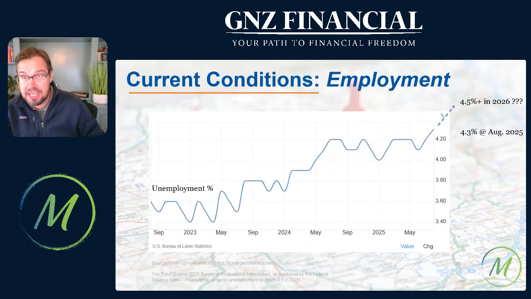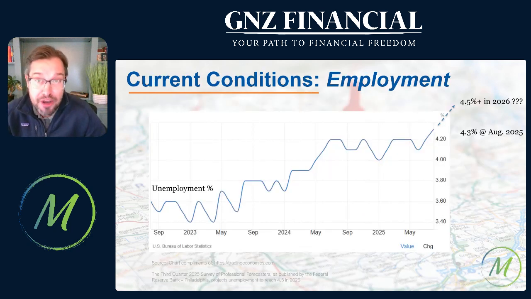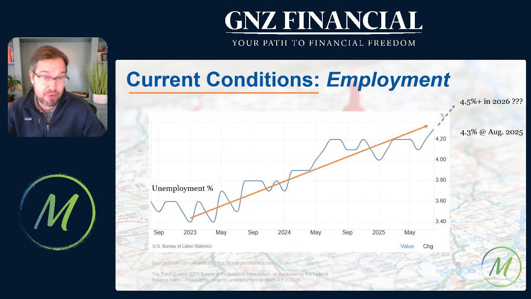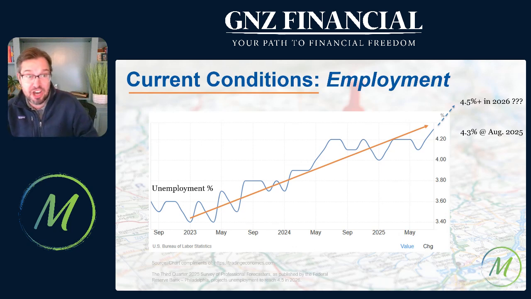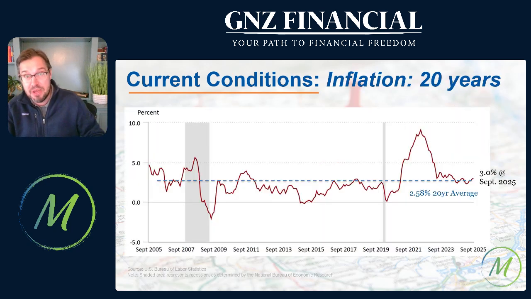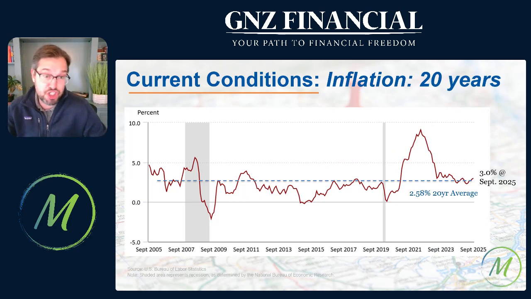Now let's talk about today. If we look at unemployment, we see unemployment has increased. Since 2023, we've definitely seen an increase in unemployment, and we keep hearing rumors that it's going to continue to go up. Now let's talk about inflation. This is a chart of inflation over the last 20 years, and we see that dotted line there. The average inflation's been about 2.58% over the last 20 years.